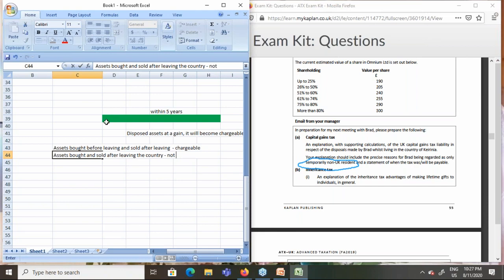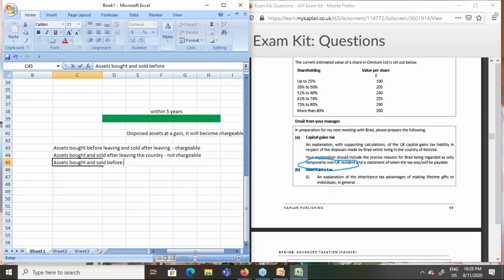But if you have bought the asset after leaving the country, so you have bought it while you were not a UK resident person and sold it also while you were not a UK resident person, then it will not become chargeable. Then the third situation is assets bought and sold before leaving the country.